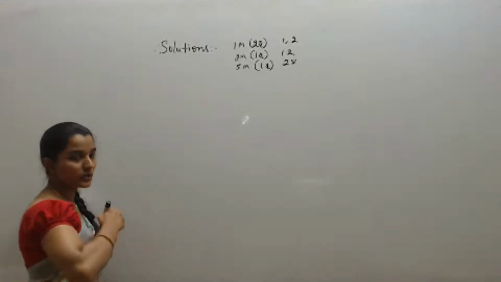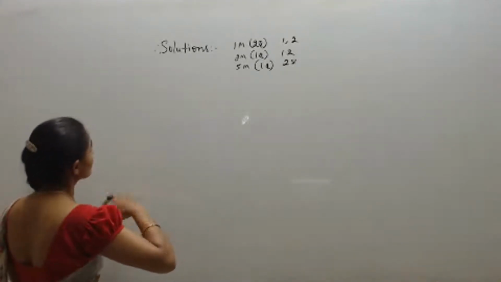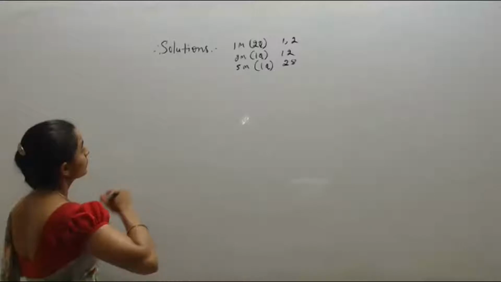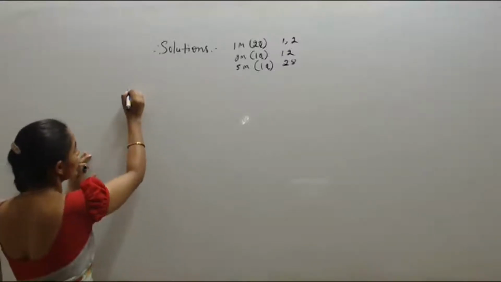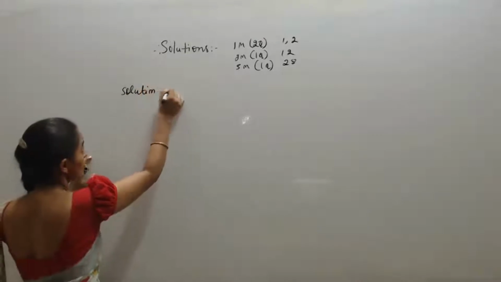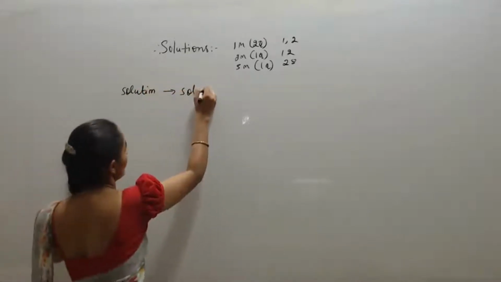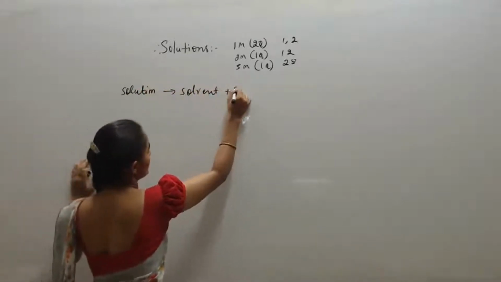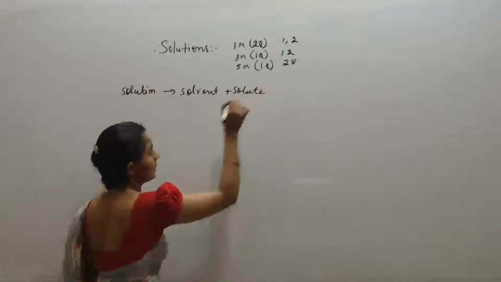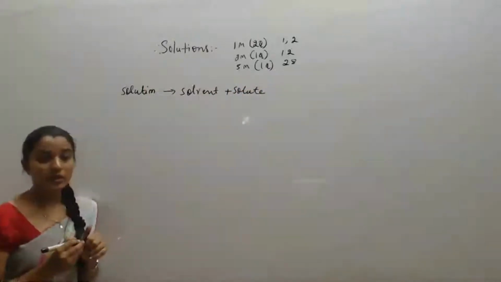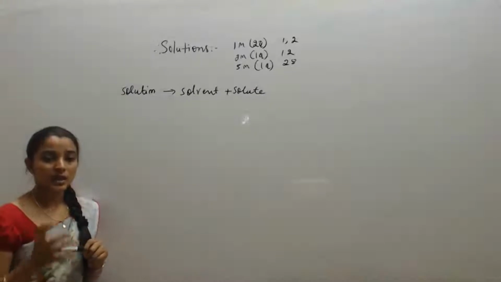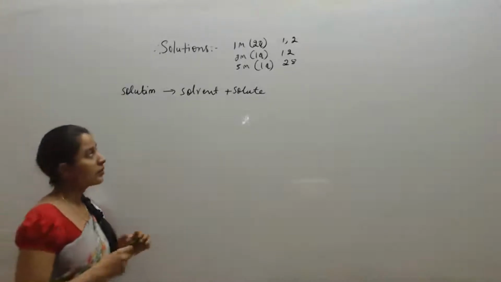So here, if a homogeneous solution is there, what does that solution consist of? Solution means solvent plus solute. Okay, so what is the solvent here?